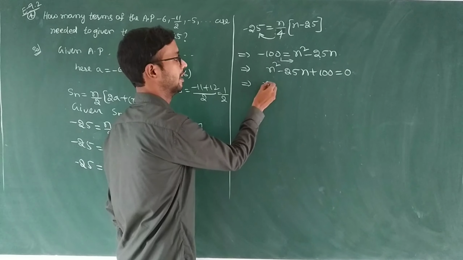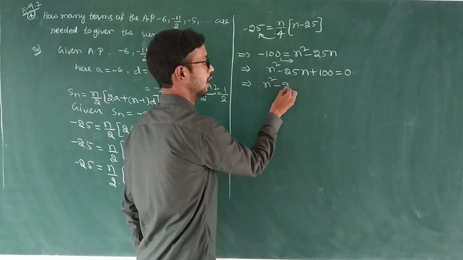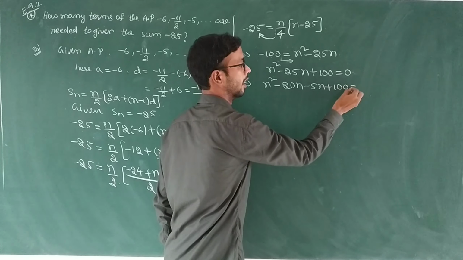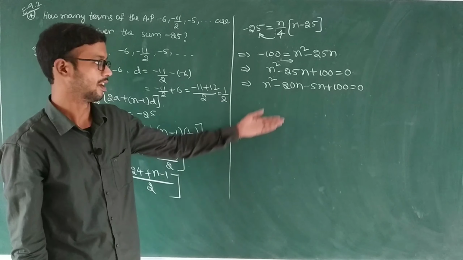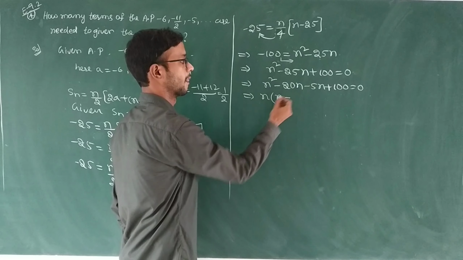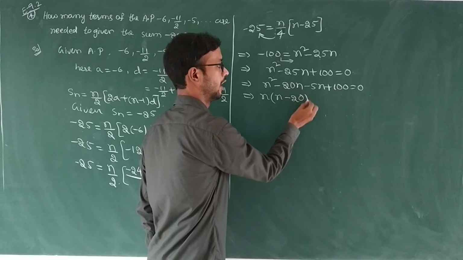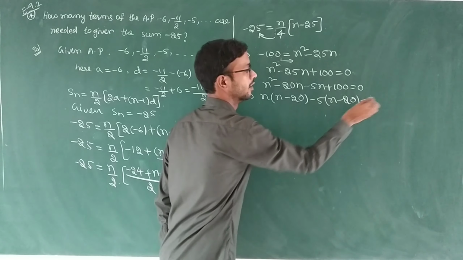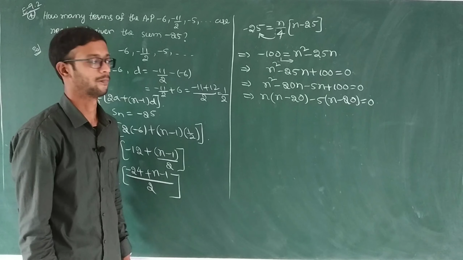So now n square minus 20n minus 5n plus 100. Factorization you are making here. Take n common, n minus 20, minus 5 take common, n minus 20 is equal to 0.